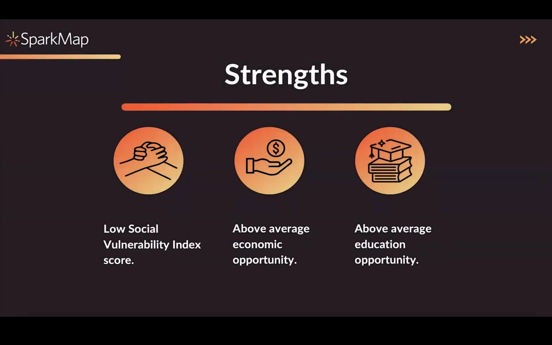First, when it comes to strengths, Clark County, Indiana has a low social vulnerability index score. This means the community can expect to be fairly resilient if it were to experience disease or disaster. Additionally, the county has higher than average economic and education opportunities when compared to the rest of Indiana.